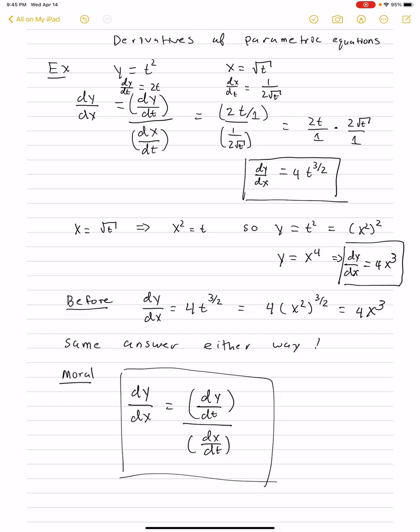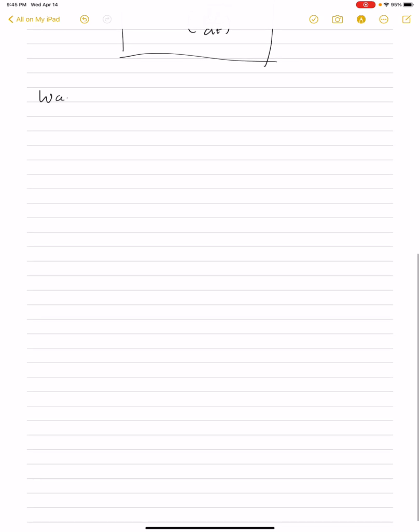Now here's a warning, and it's something very innocent looking. It's that the second derivative of y with respect to x is not equal to the second derivative of y with respect to t divided by the second derivative of x with respect to t.